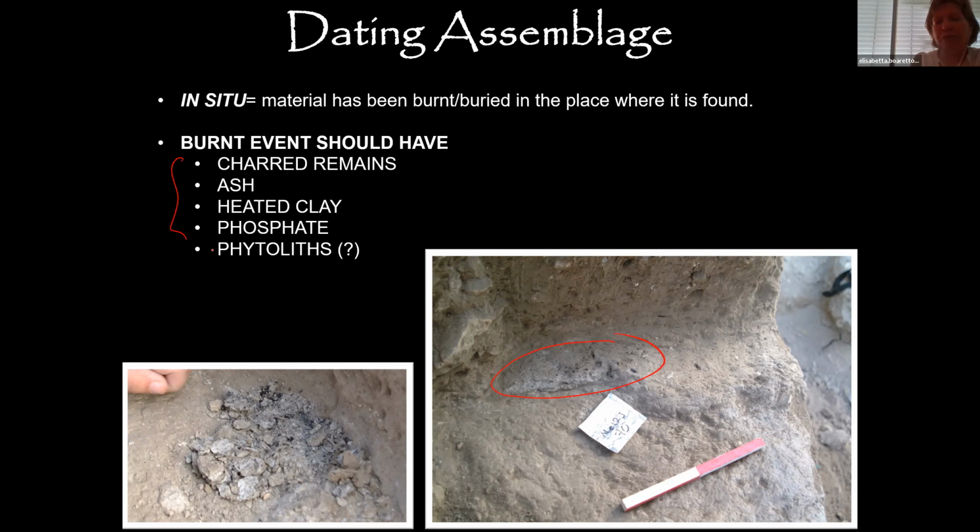If you have all these characteristics, like you have your charred remains, ash, heated clay, phosphate, phytoliths, then you can say it is in situ, and therefore is good for dating. And here we use the microarchaeology to define all these parameters and proxy for the in situ context, which is suitable for dating.